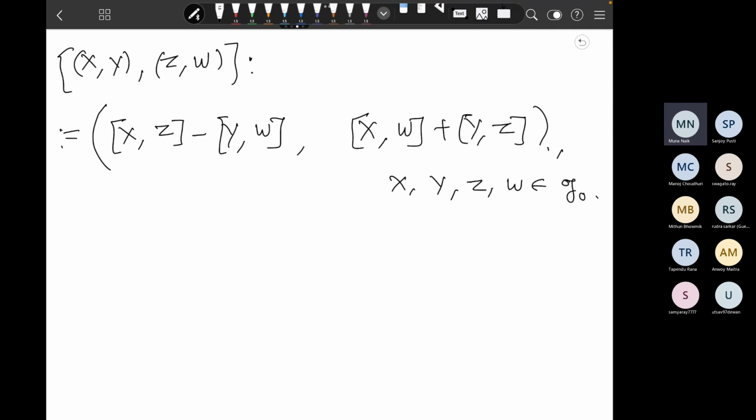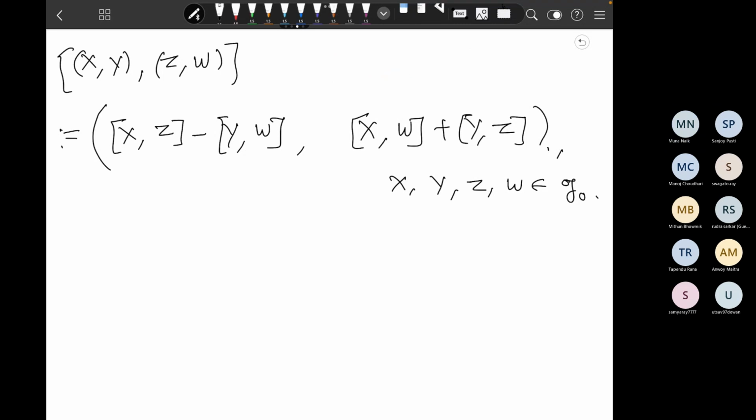This is my Lie bracket. It is not just the componentwise bracket; that is not correct. This is the correct Lie bracket on G naught cross G naught.